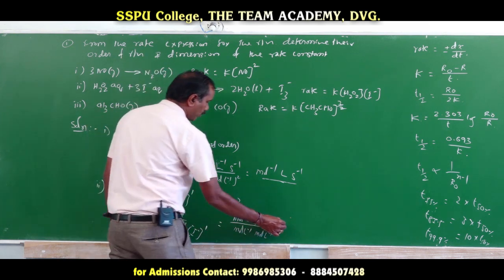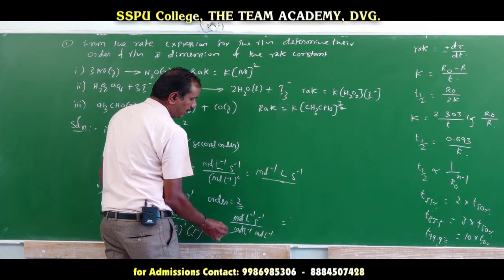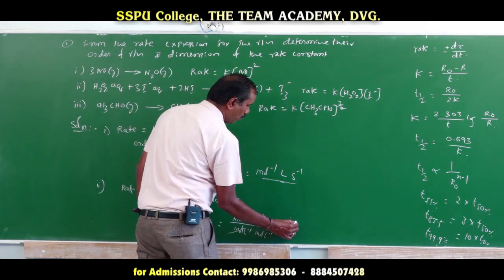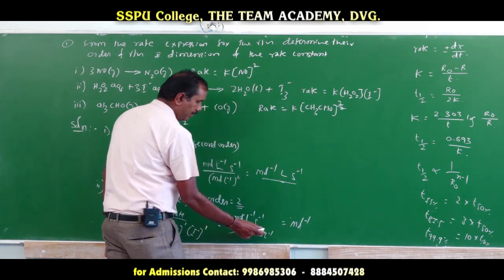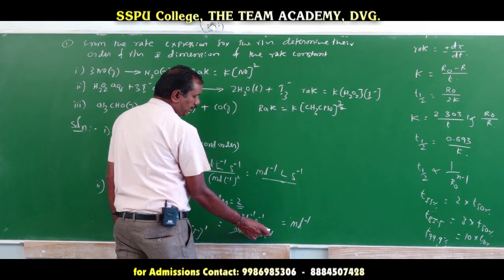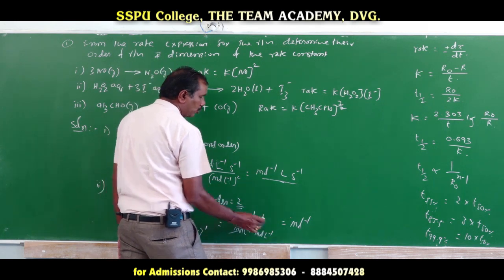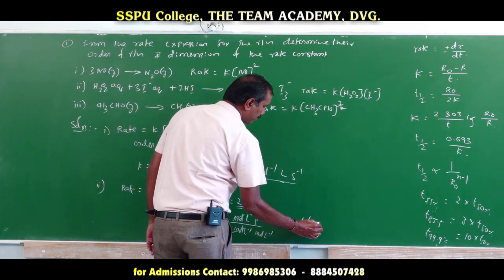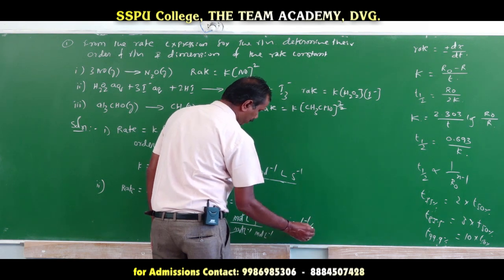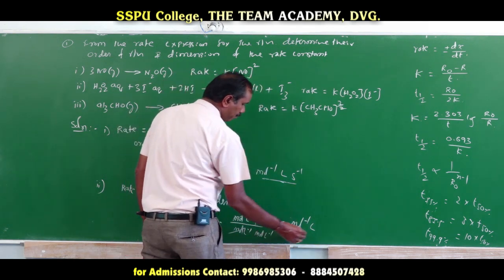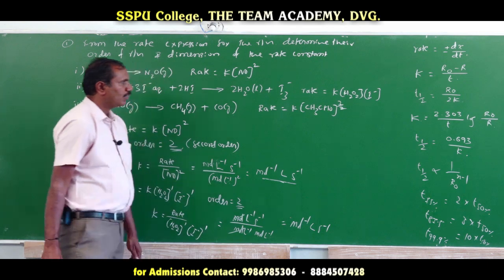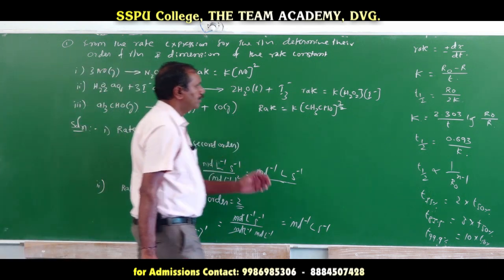The moles cancel, so this becomes per mole. Liter minus 1 means minus 2 becomes plus 2, minus 1 gives plus 1, per liter, per mole liter per second. Like that we will go for the third one.